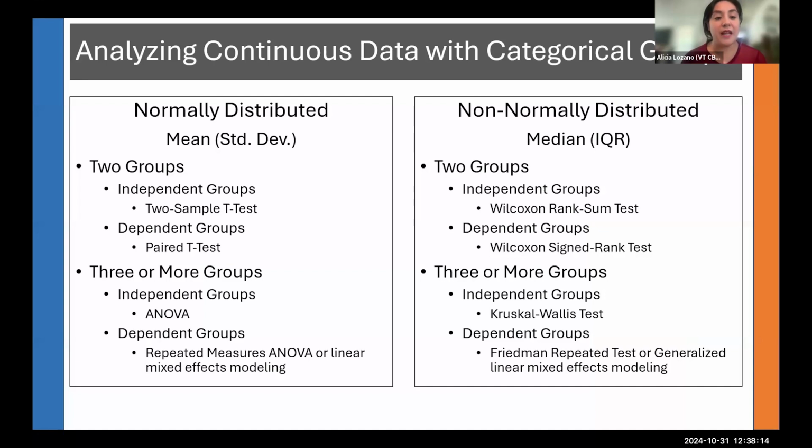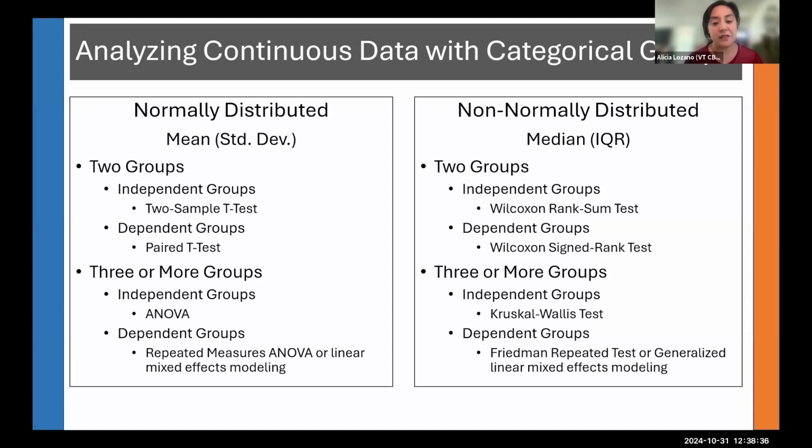Now that we've covered the normal distribution and done a little bit of review there, we can dig into different types of tests, starting with when we want to analyze continuous data with categorical groups. When your data is normally distributed, we typically analyze it, as I said before, using means and standard deviations.